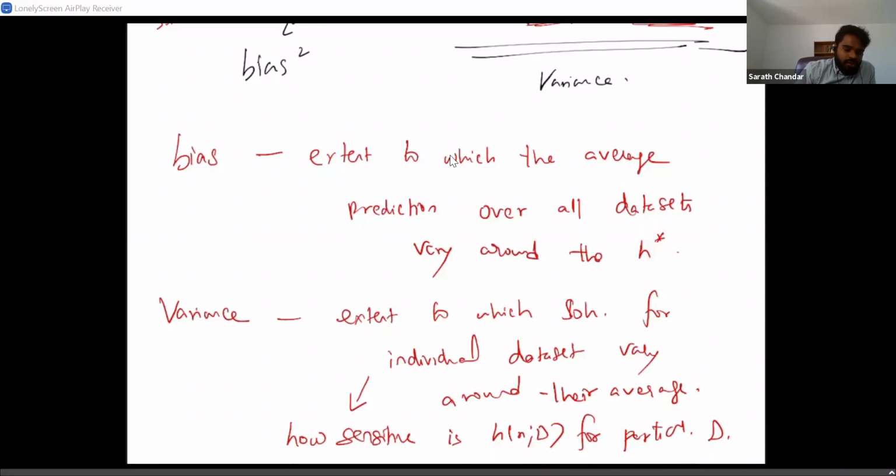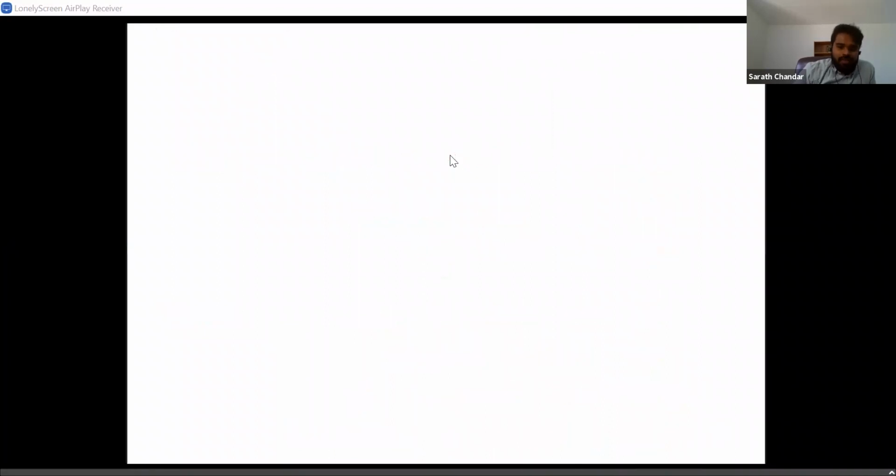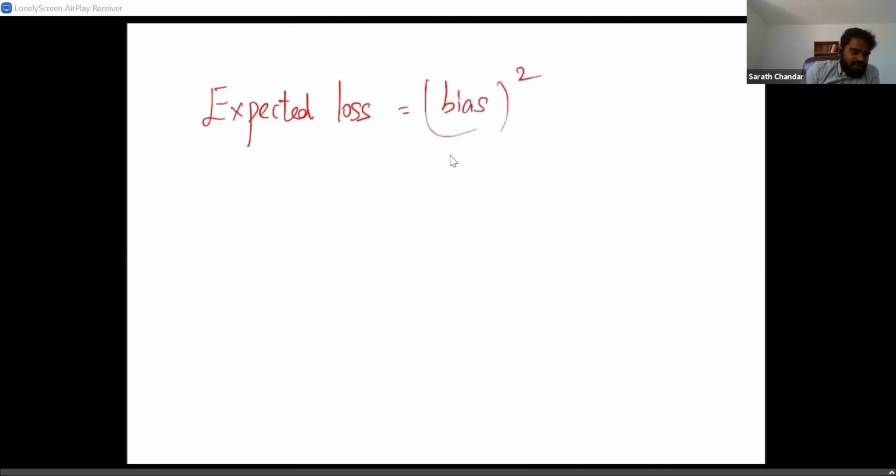Okay, to recap what we have seen so far, we started this lecture with the expected loss, and we have decomposed this expected loss into three terms. The first term was bias square, then the variance, then the noise. We have an equation for all these terms.